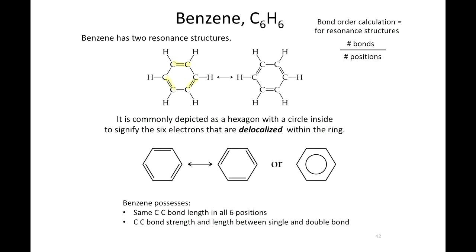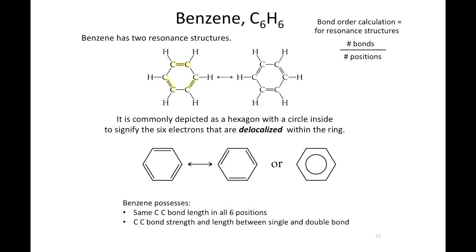But what makes it really stable is that those double bonds are actually smeared across the entire molecule. They can appear in these 3 locations and are equally as likely to appear in these 3 locations. So we don't say that benzene has 3 double bonds, 3 single bonds, but instead those double bonds are smeared across the entire molecule.